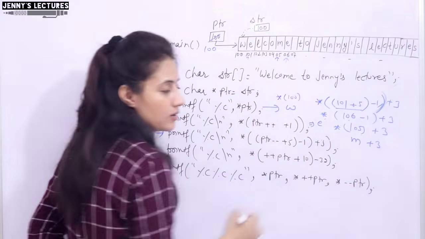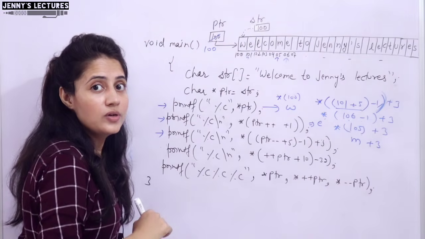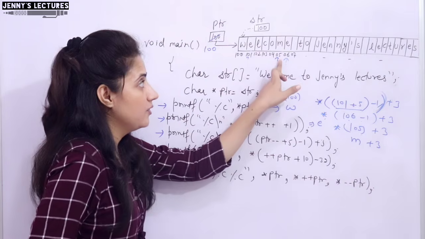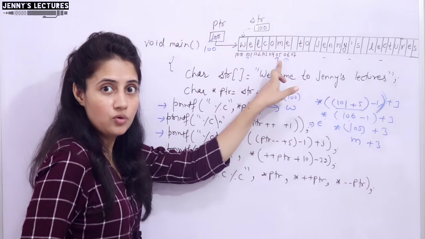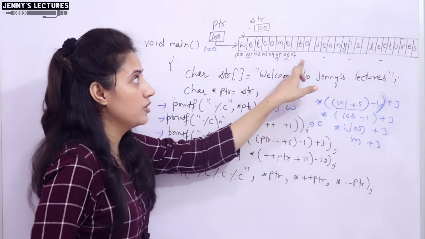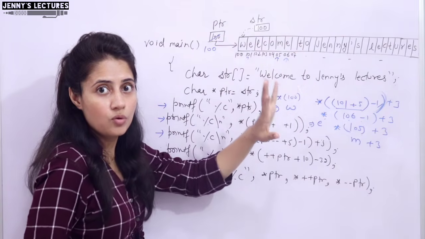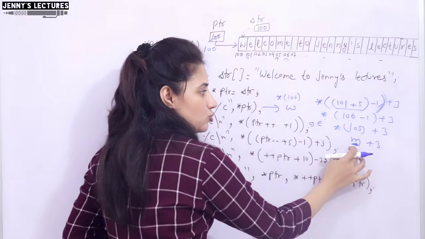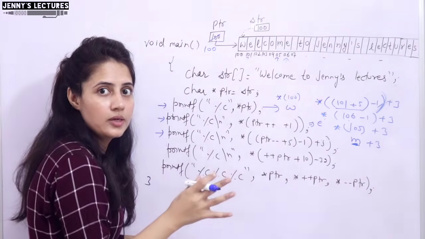Now plus 3. So what output will you get? Here it's not like that, if we got M, then plus 3 means 1, 2, 3 locations forward and it will give T. No, here we have actually got the value M, so in M we are going to do plus 3.